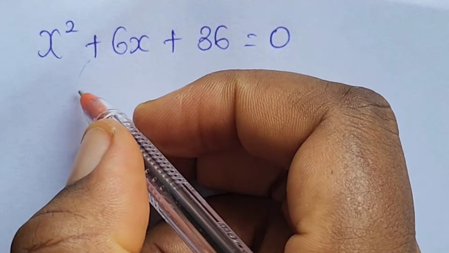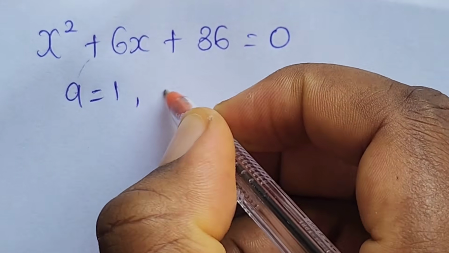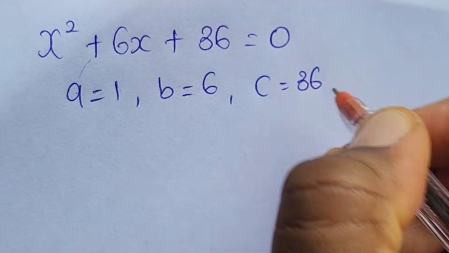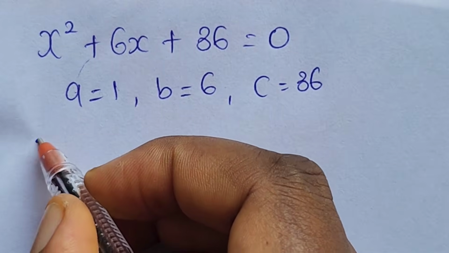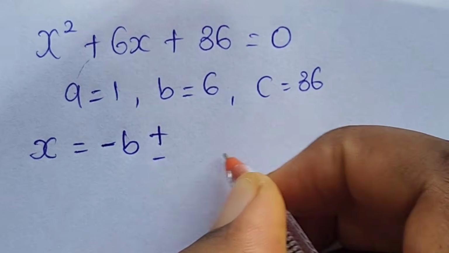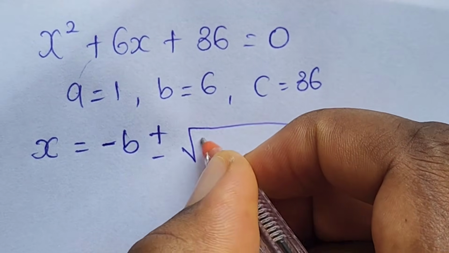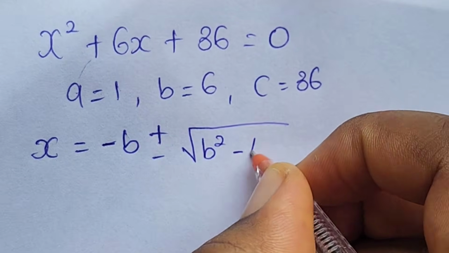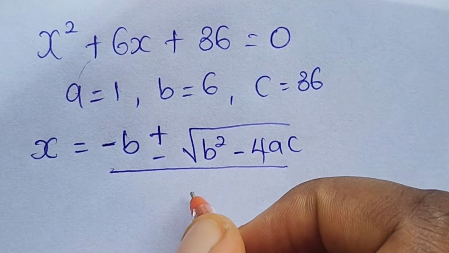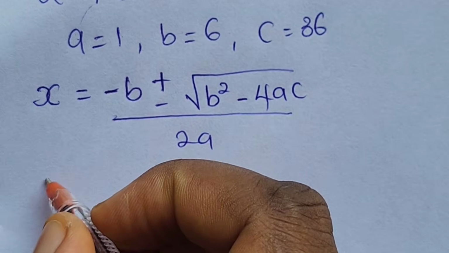So solving the quadratic, we have a equal to 1, b is equal to 6, and c is equal to 36. We have that x is equal to minus b plus or minus the square root of b squared minus 4ac, all over 2a.